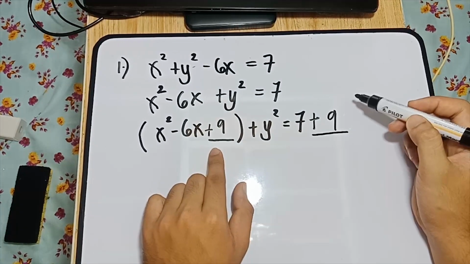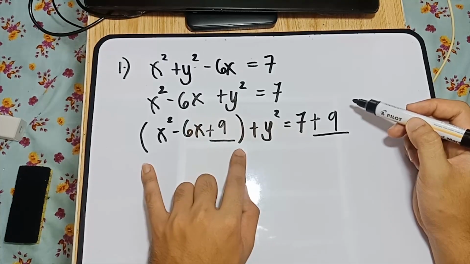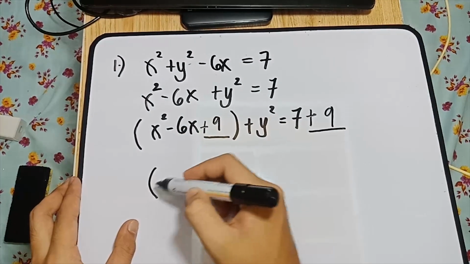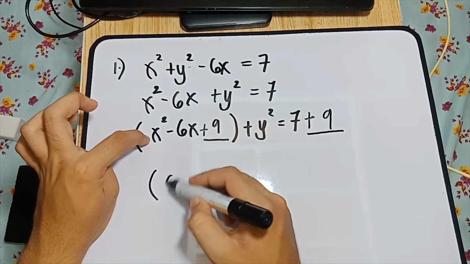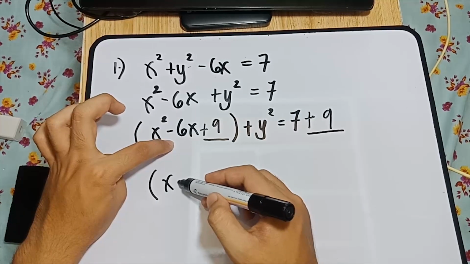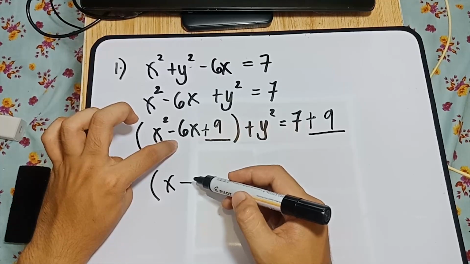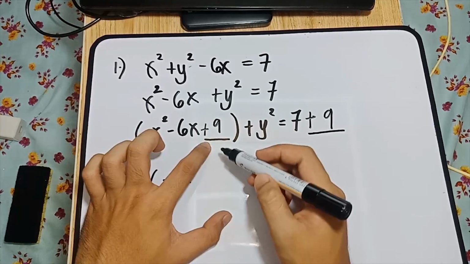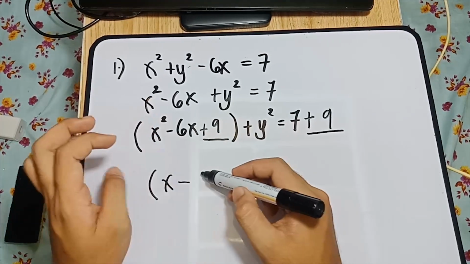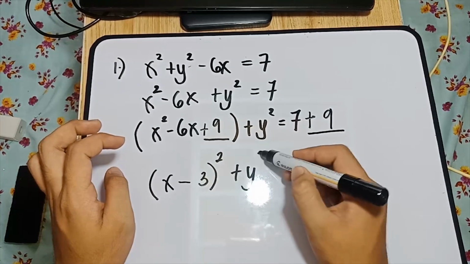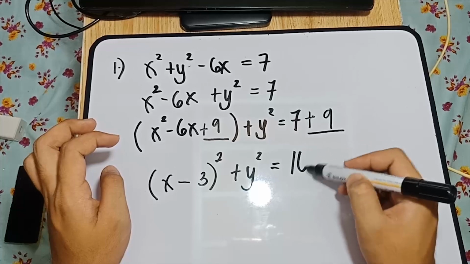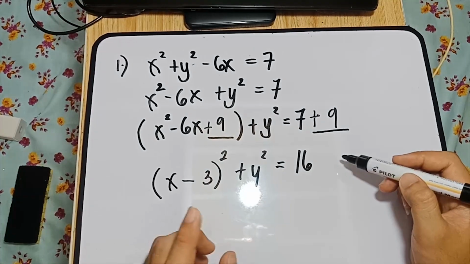Plus 9. So again, ito ay perfect square na. Kunin mo yung square root ng x squared, and then kunin mo yung sign ng middle term, and then square root ng 9. That is 3, squared, plus y squared equals 16. And that is the process of completing the square.